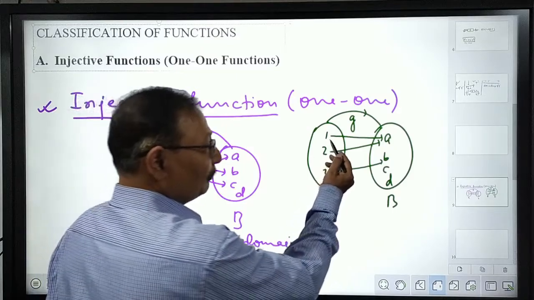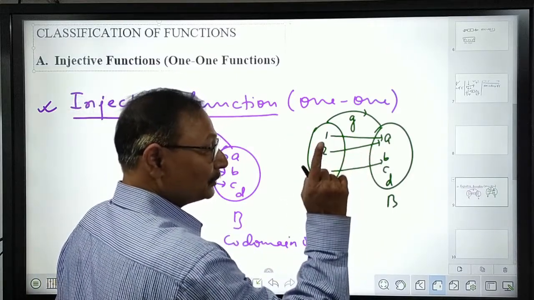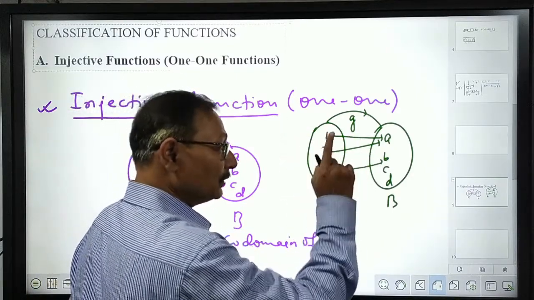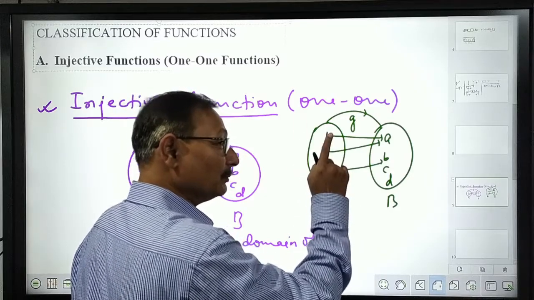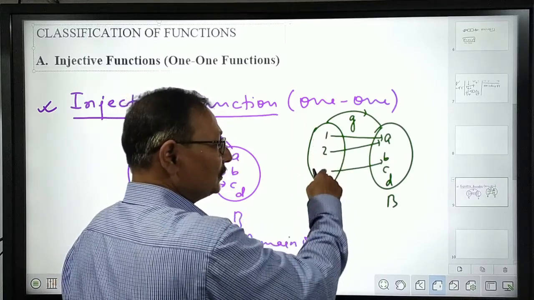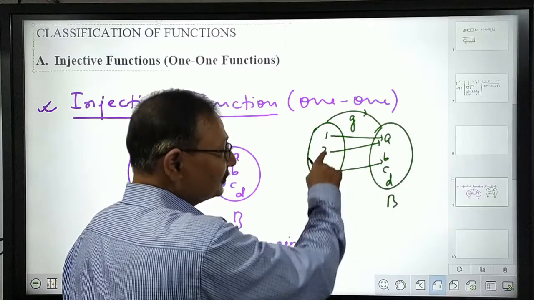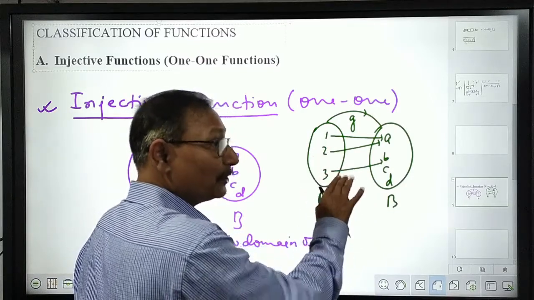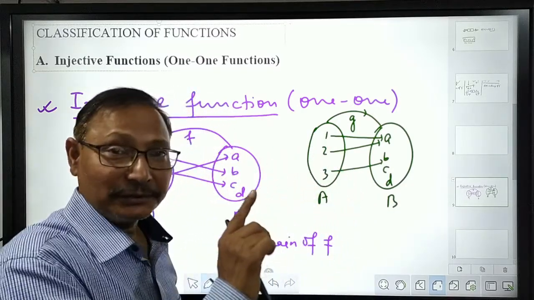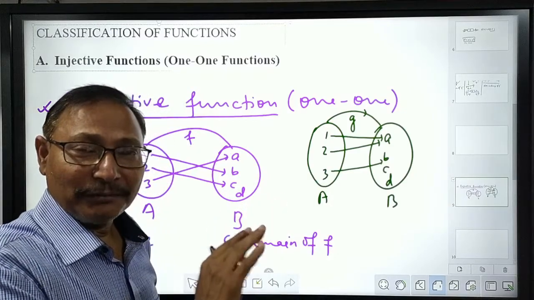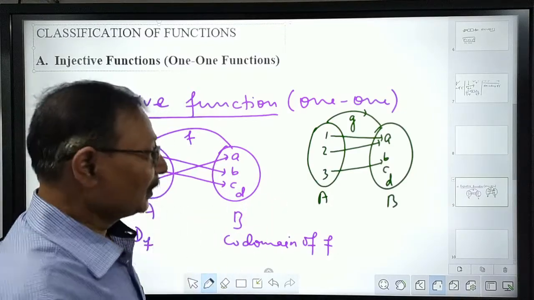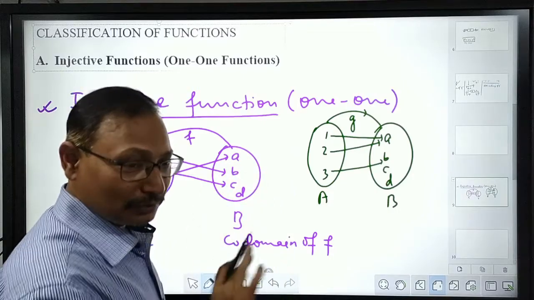As for example, 1 is paired with only one element, 2 is paired with only one element, 3 is paired with only one element. So they do not have two pairs. So this is a function, no doubt about it.